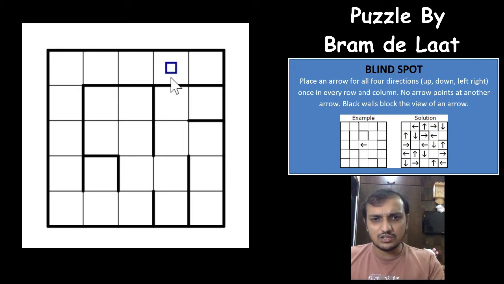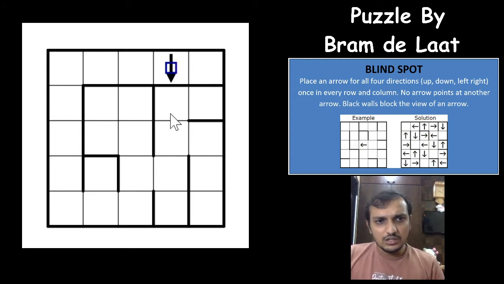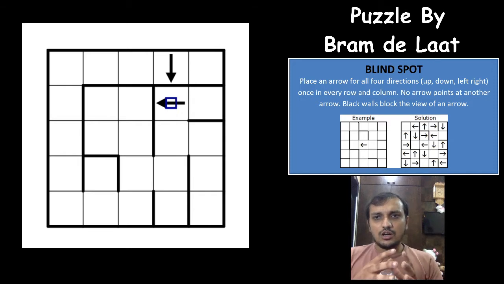And there are some edges given, some walls given. If an arrow points towards a wall, it doesn't point to the arrow behind the wall. For example, I have an arrow here and maybe an arrow here. This arrow isn't pointing to that arrow because you have a wall in between. So no arrow points at another arrow, but black walls block the view of an arrow.